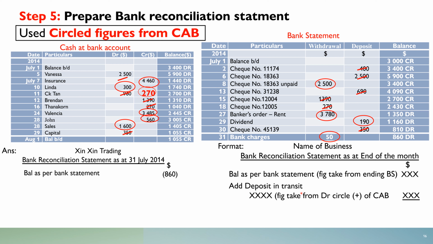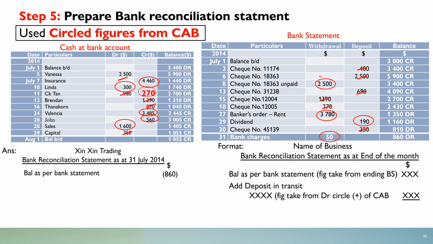Then the next step, we're going to add deposit in transit. This figure is taken from the debit column, the debit circled figures of cash at bank, because in cash at bank, the debit side represents a plus, a deposit. So add deposit in transit. This figure is taken from the debit side of the cash at bank account.